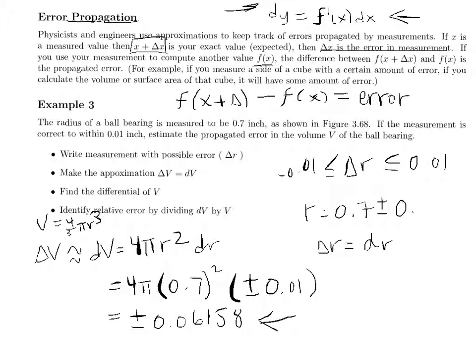Okay, so when we looked at the error in the radius, we had plus or minus 0.01. Now when we're looking at the error in the volume, we're going to get plus or minus 0.06. So it's more significant now in the volume than it was in the radius because we've done this calculation.